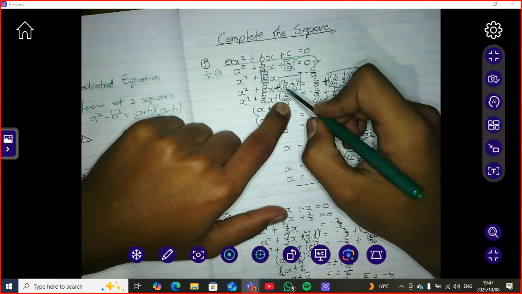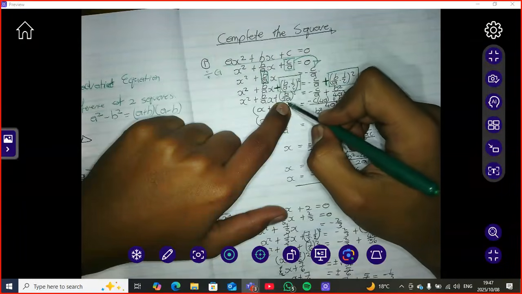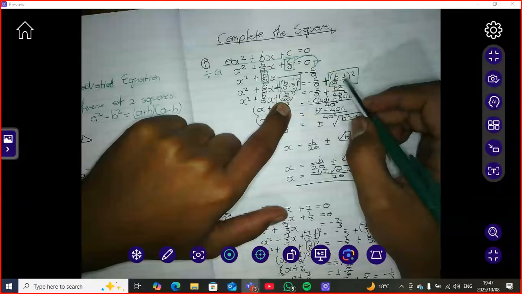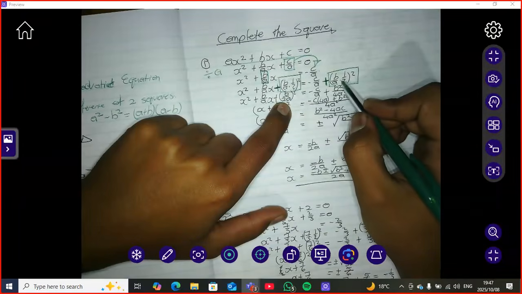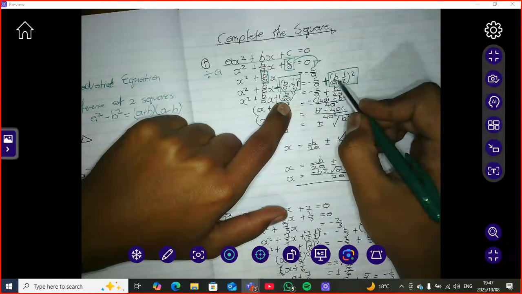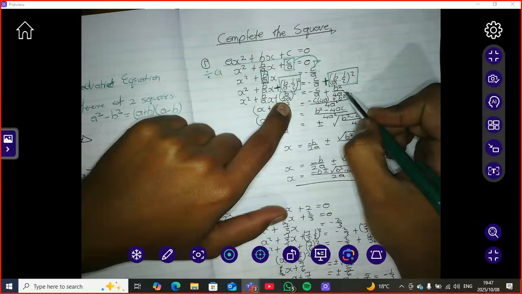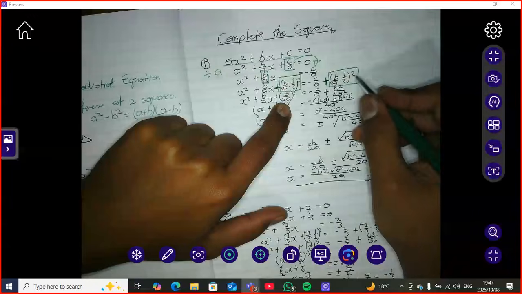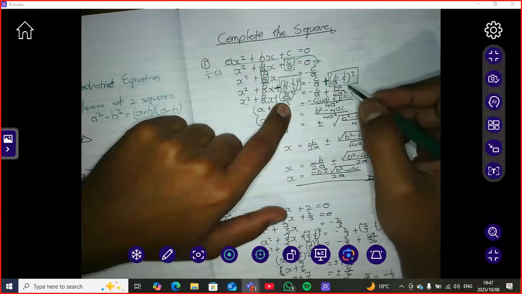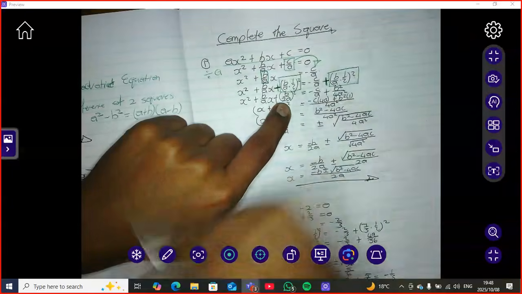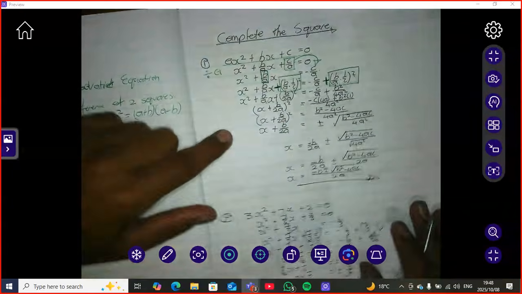B over a times a half is b over 2a. Then this side, b times half is b over 2a, and if you square it, it's b squared over 4a squared. Makes sense, right? Here you put that square in, but this side you don't do it. You'll see now why.